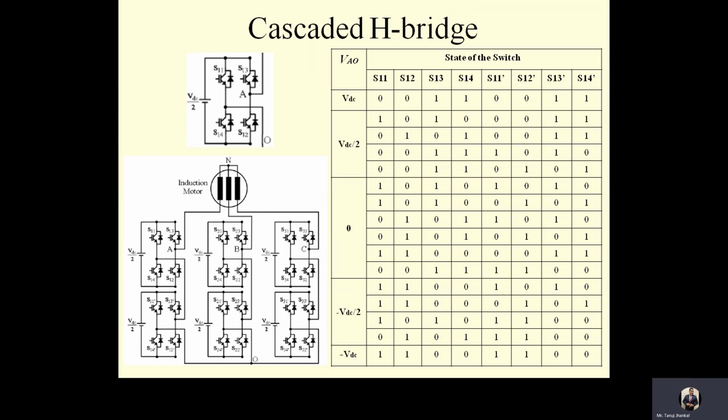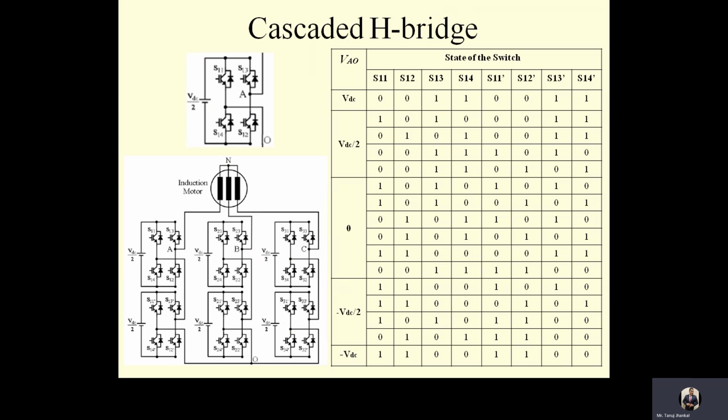In general, the number of steps in the output pole voltage for a cascaded inverter structure is given by N equals 2M plus 1, where M is the number of isolated DC supplies per phase. Such N minus 1 by 2 H-bridge cells, each one having a separate DC source of VDC by N minus 1, can be sequentially connected to achieve one leg of an N-level inverter.